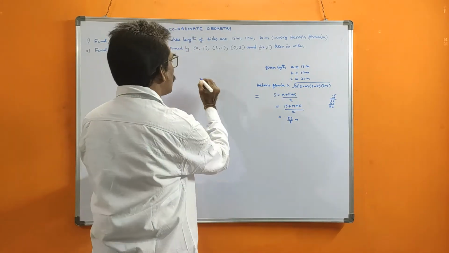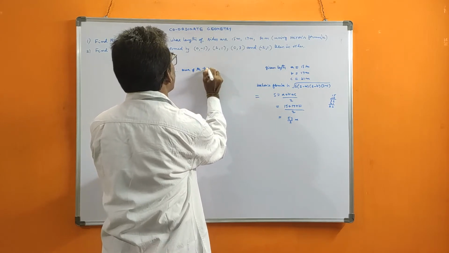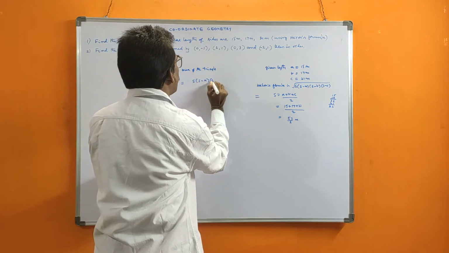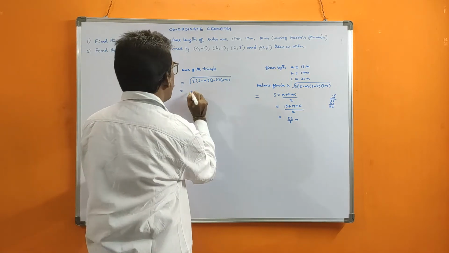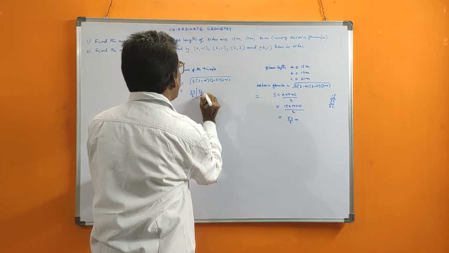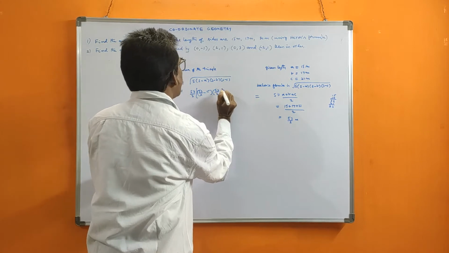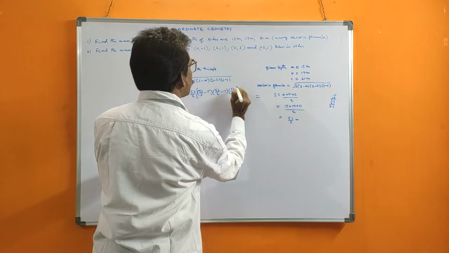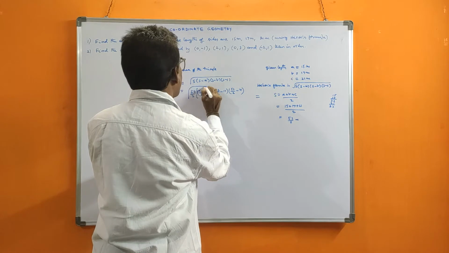Now substitute. Therefore, the area of the triangle is the square root of s into s minus a into s minus b into s minus c. That is, s value 53 by 2, into 53 by 2 minus a, which is 15, into 53 by 2 minus 17, into 53 by 2 minus c, where c is 21. All this is under the square root.